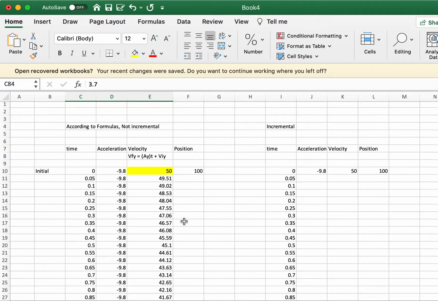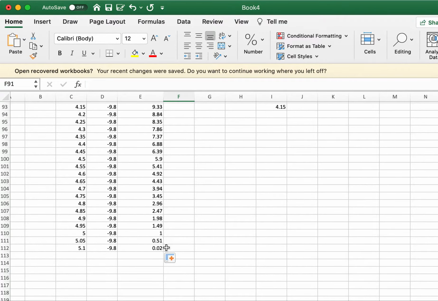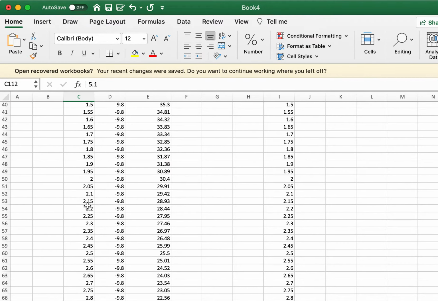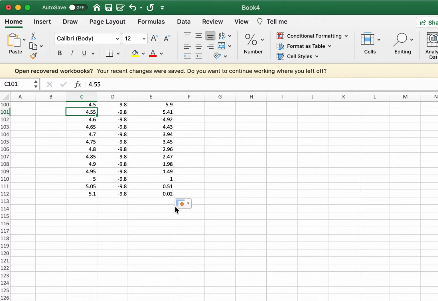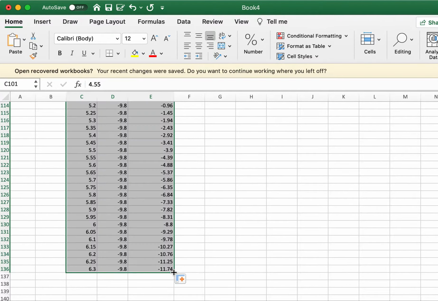All right, so it looks like the velocity reached 0 close to around 5 seconds after the launch. Let's drag down some more, because we're looking for it to match up with the formulas.